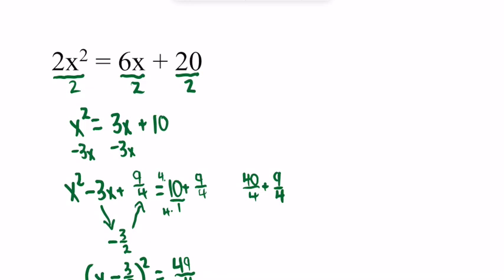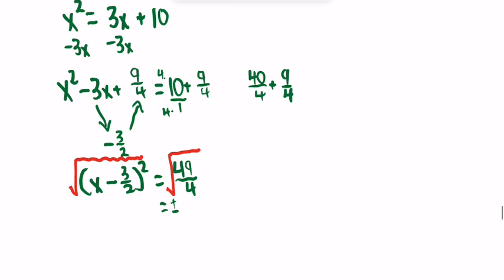And now we use the square root property to finish, remembering that when we do that, we put a plus or minus in front of the right side. The square root and square cancel out, leaving us with x minus 3/2. On the right side, the square root of 49/4 is 7/2.